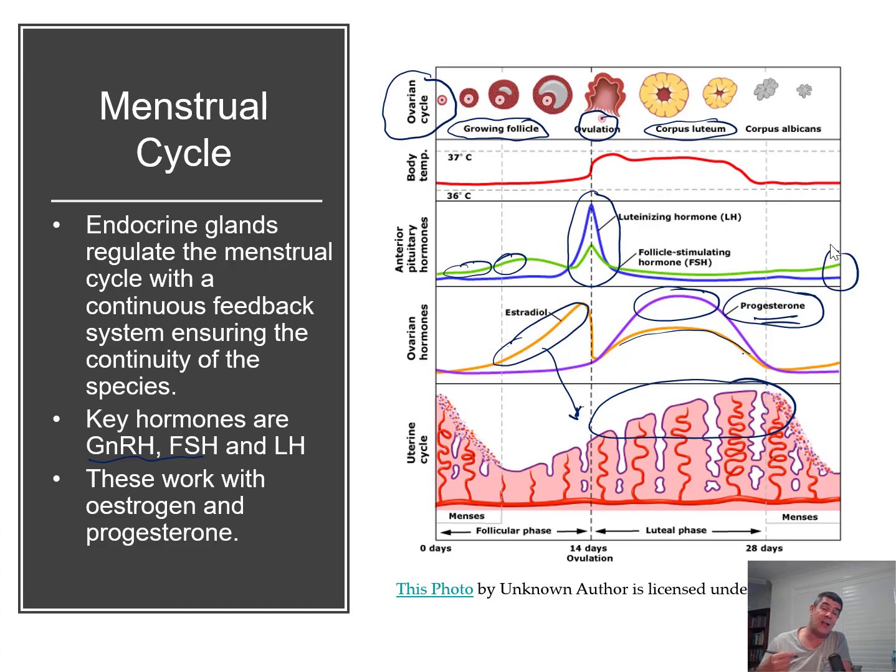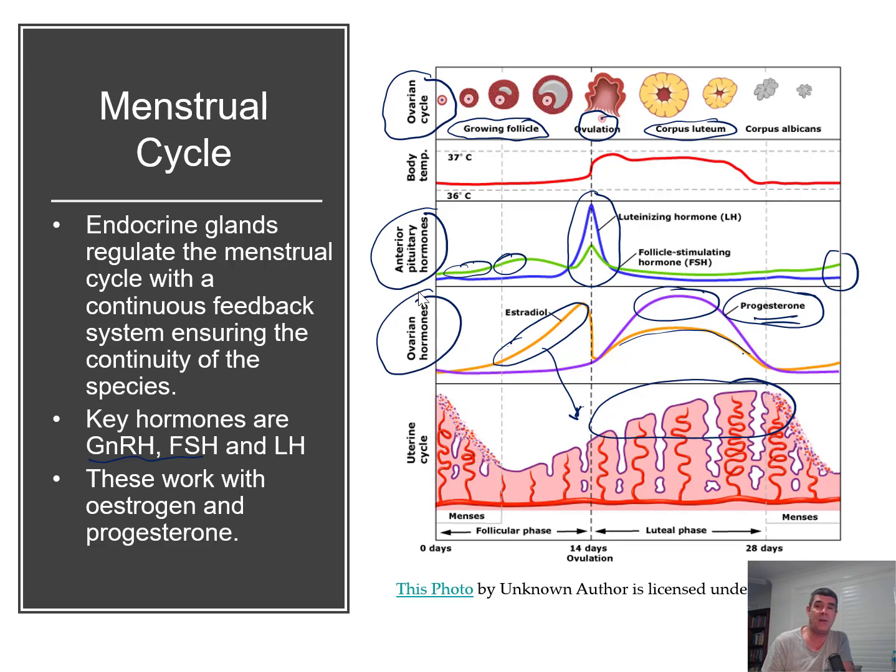and then you can see that as we get to the end of our little graph, the levels of follicle stimulating hormone after the menses are going to start rising again, and we're going to go through the whole cycle again. So this is a cycle that's regulated by hormones that are either coming from the pituitary in the brain or from the ovaries themselves.